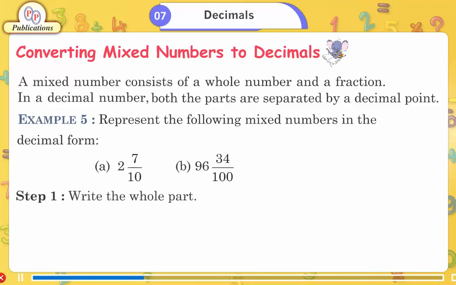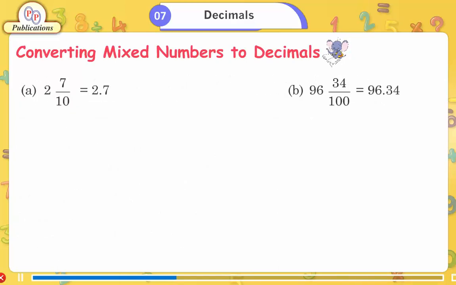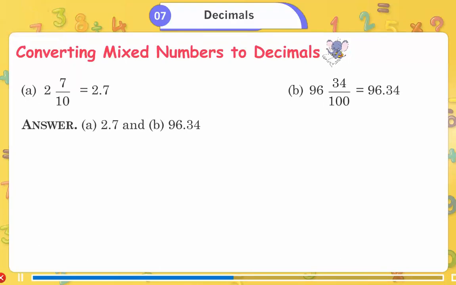Step 1. Write the whole part. Step 2. Put the decimal point. Step 3. Write the decimal part. A. 2 and 7 upon 10 is equal to 2.7. B. 96 and 34 upon 100 is equal to 96.34.